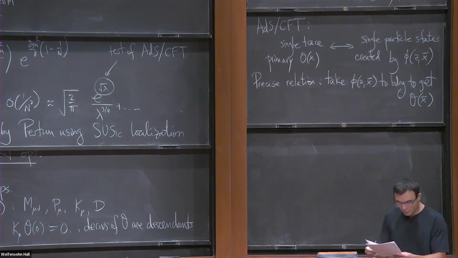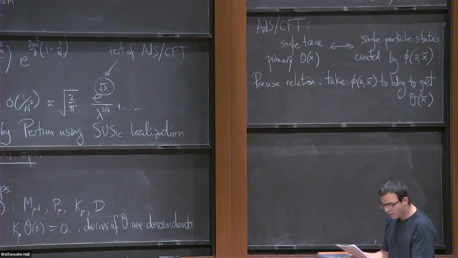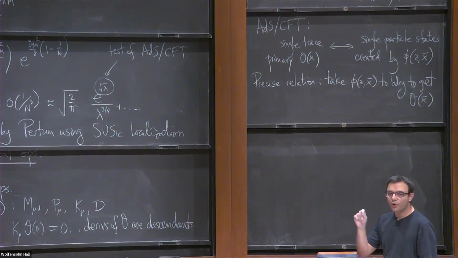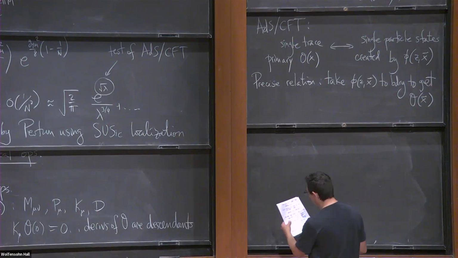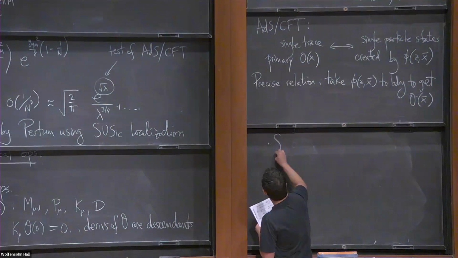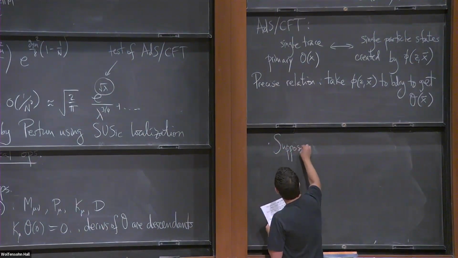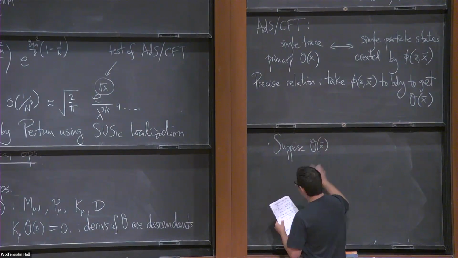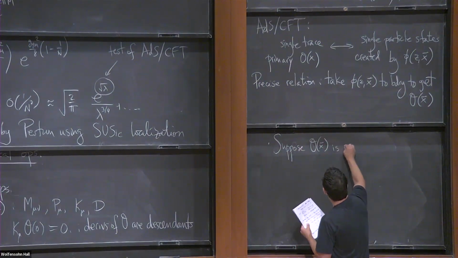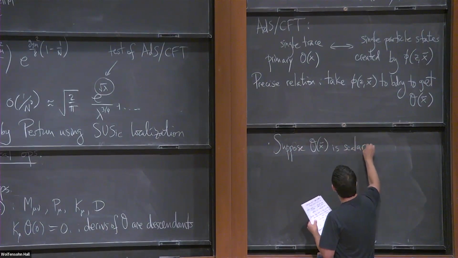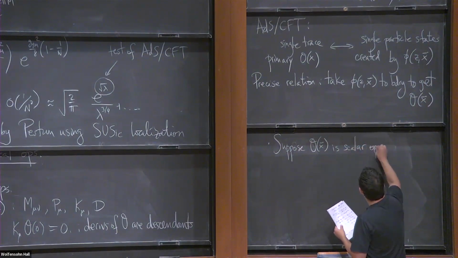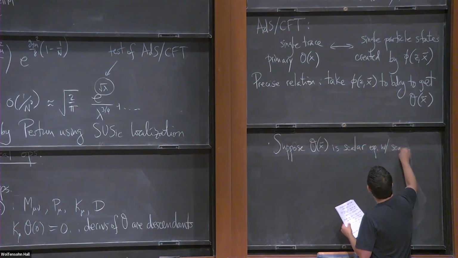To discuss what the subtlety is, I have to introduce one more notion, which is that of the conformal dimension. So suppose O of x is some operator, scalar for simplicity, with scaling dimension delta.